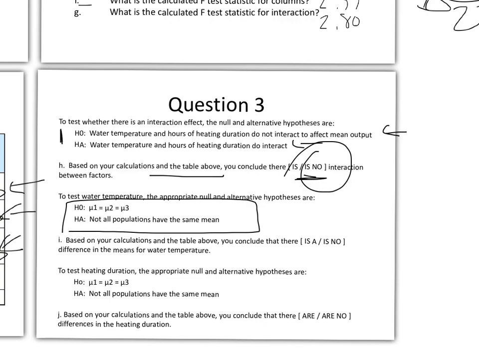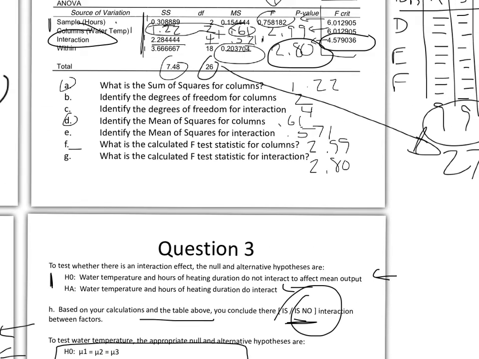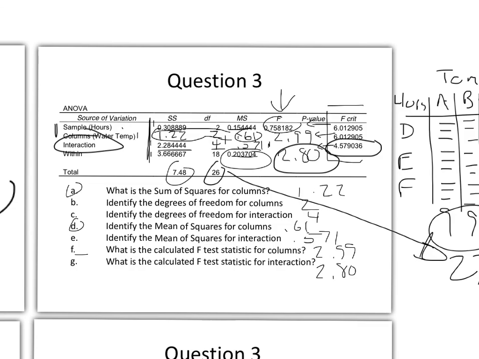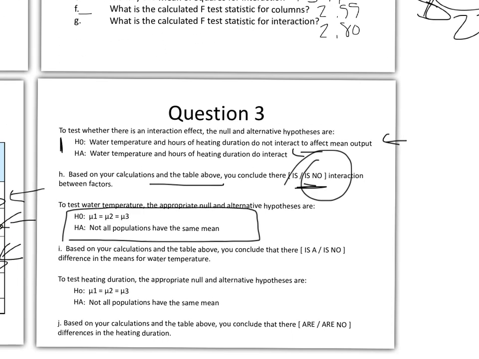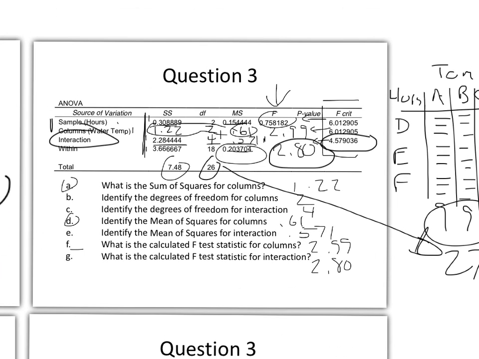Okay, so we'll zoom back up here and look at this. So we're looking at water temperature now. So that is this second row. And here, if we can see through all of the circles here, 2.99 was our calculated value. That is less than our critical value of 6.01.